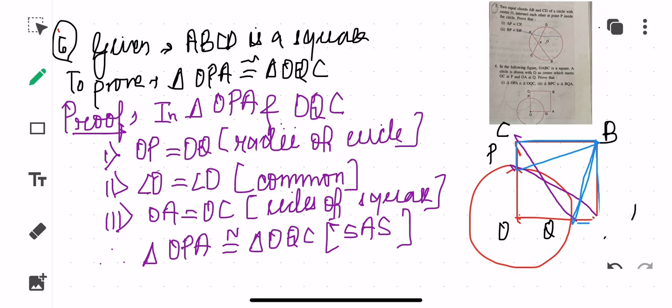And the next thing that you will be writing is the angle part, that angle C is equal to angle A. That is the second thing. And for the third part, CP will be equal to this particular part, which is there. This you can show by subtracting the radius of the circle from the side of the square. Okay, so in this way, if you do, the second sub-question can easily be done, and that can be taken as homework. Alright, so this is the way this particular sum has to be done.